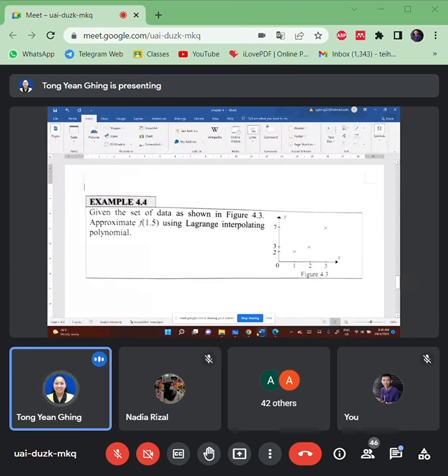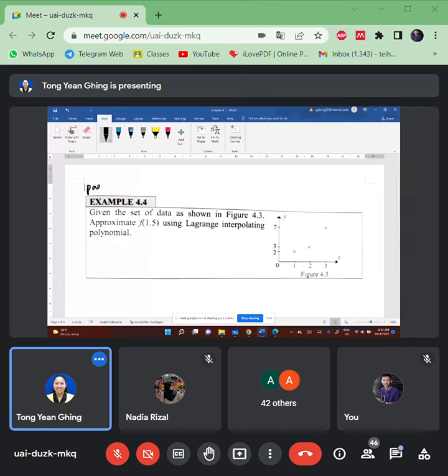Let's just do it. This one, draw. Given a set of data as shown in figure 4.3, approximate f at 1.5 using the Lagrange interpolating polynomial. If you look at the figure on the right here, we have 1 data point, 2 data points, 3 data points.